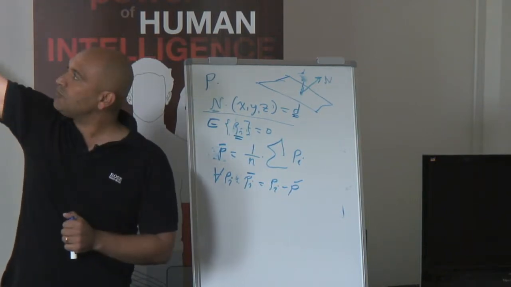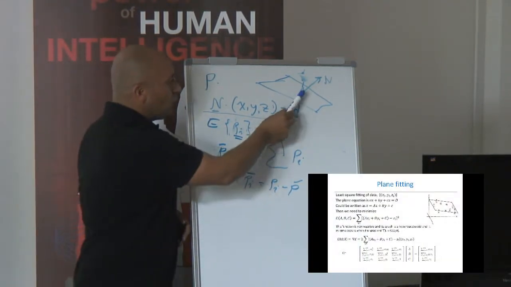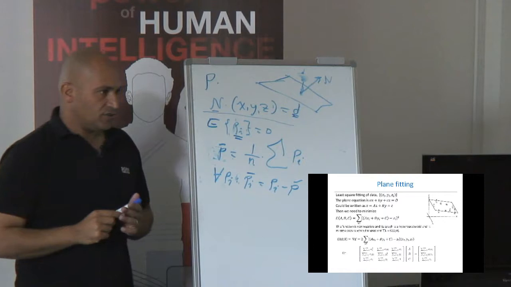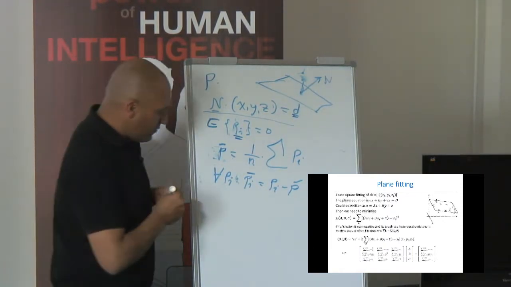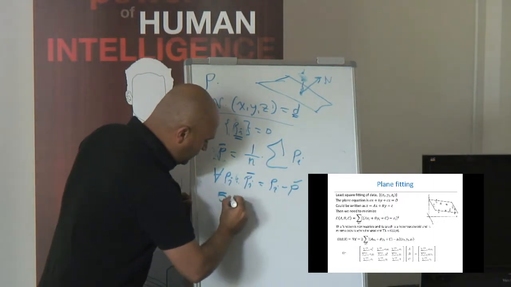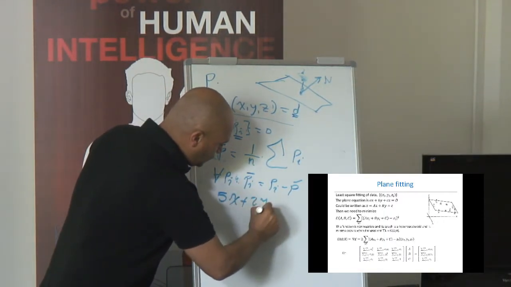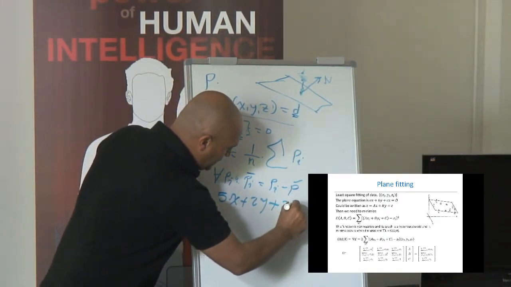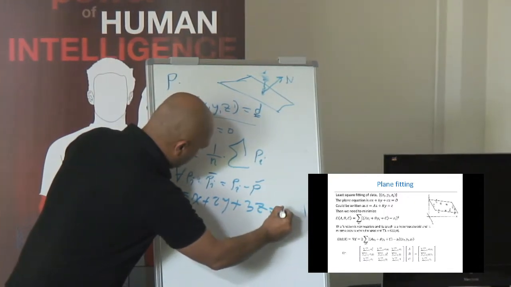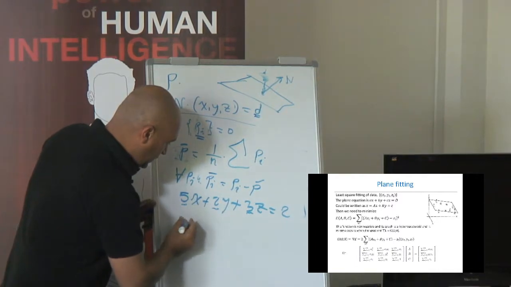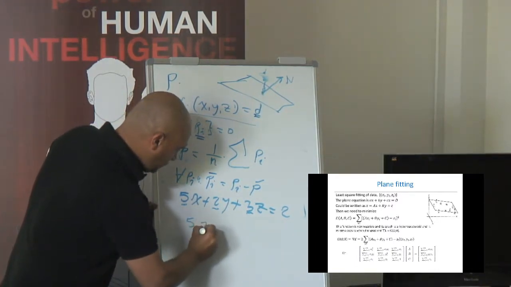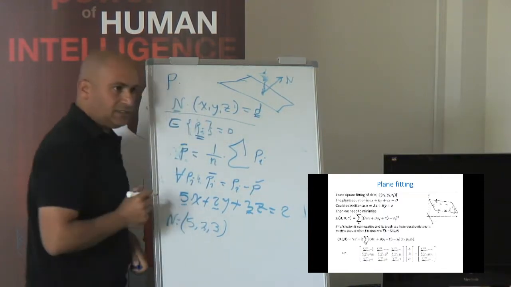And if you determine the plane, pretty much you know the normal from the plane equation. So if I have the plane equation 5x plus 2y plus 3z equals 2, this is the normal: 5, 2, 3. Then I need to normalize it.